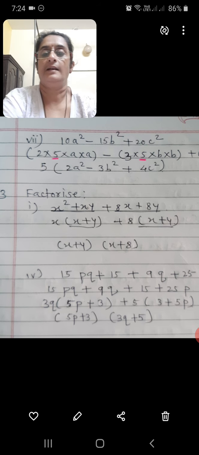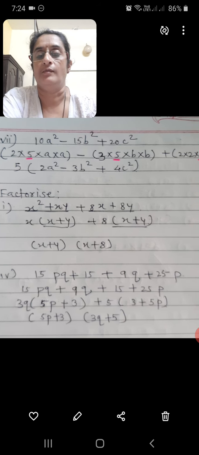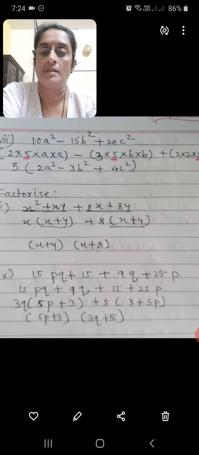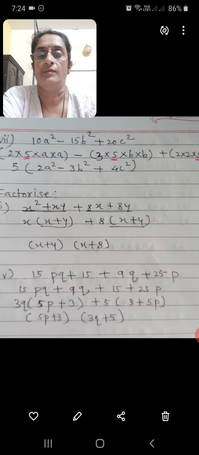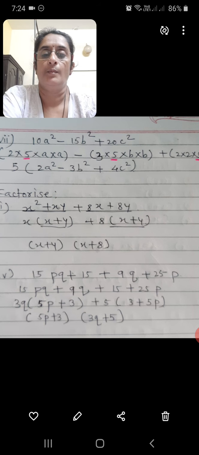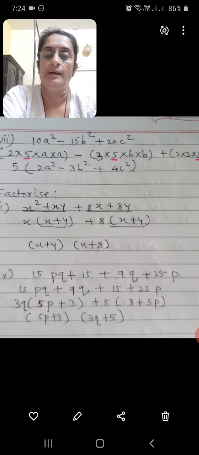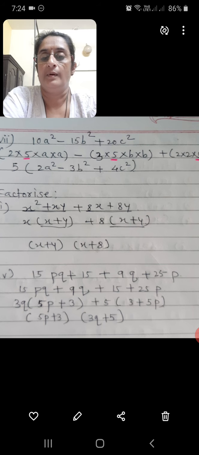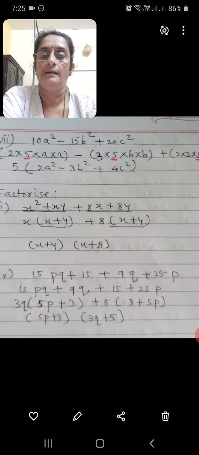Fine. Now let us go to one more question of that exercise. The question given is 15pq plus 15 plus 9q plus 25p. If I make the same 2 parts of the given terms like the previous one, first 2 terms together, second 2 terms together, there won't be anything common between 9q and 25p.